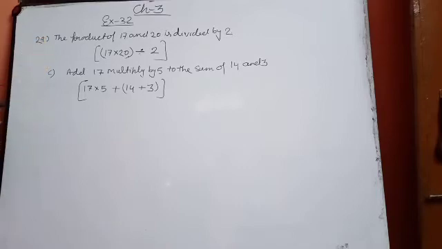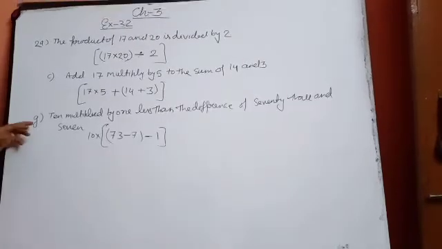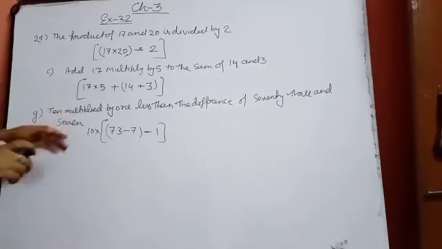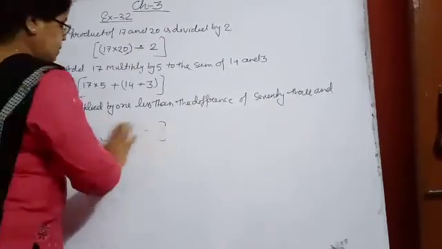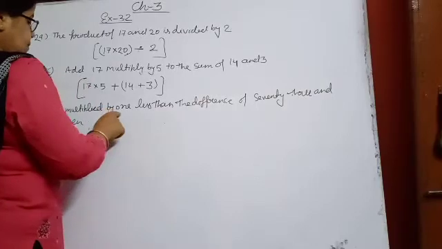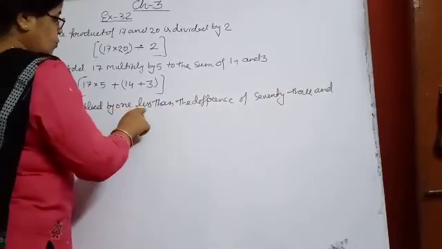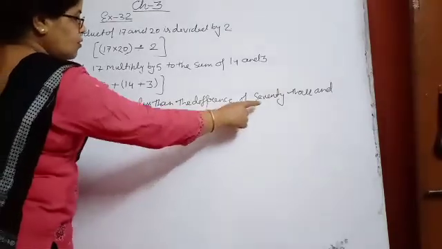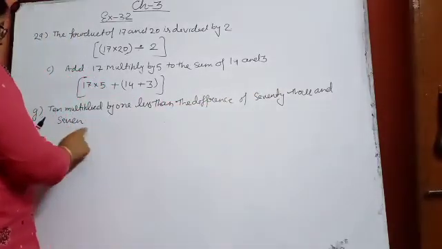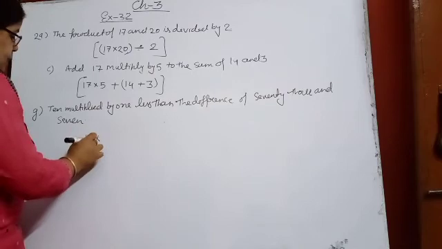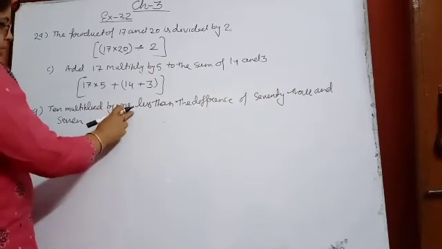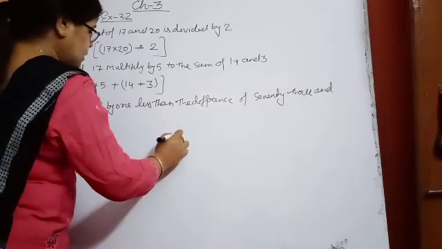Now one more part, a difficult one, I am going to do so that you may understand the problem. The G part is: 10 multiplied by 1 less than the difference of 73 and 7. 10 multiplied by 1 less than. 1 less than means minus 1.